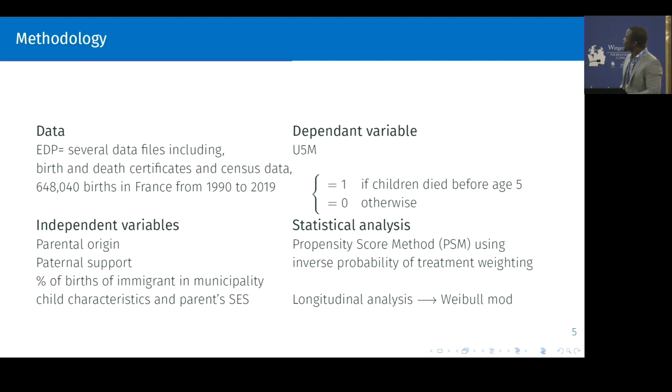About statistical analysis, we use the propensity score method using inverse probability of treatment weighting. The idea of this method is to make comparable immigrant and native with regard to some characteristics. We also use longitudinal analysis by using a mixed model.